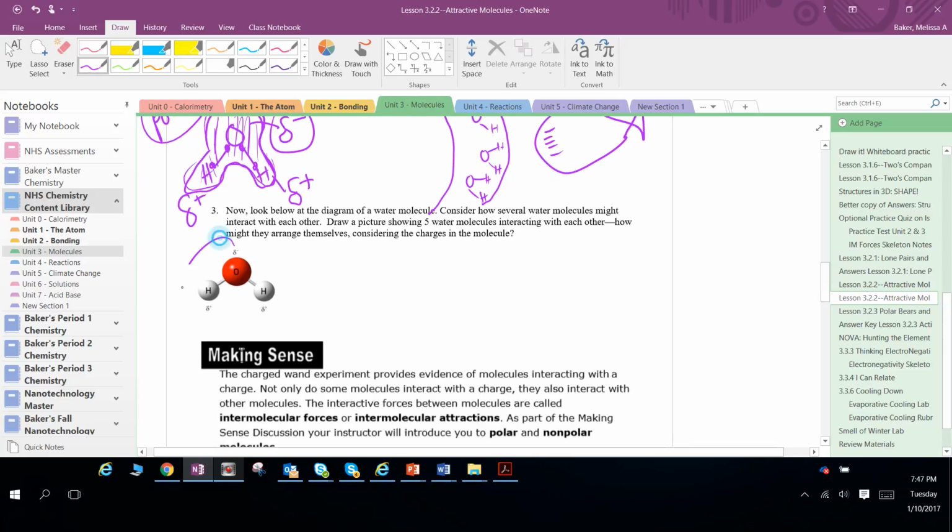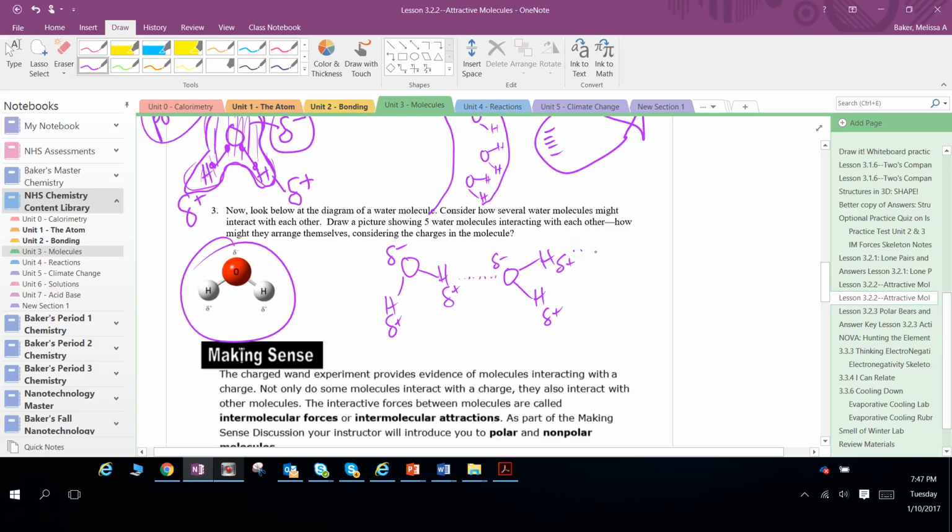So how would 5 water molecules want to line up? Well, they would not want to line up with a hydrogen next to another hydrogen because those would repel. So the hydrogen of one would be attracted to that partial negative of another oxygen.